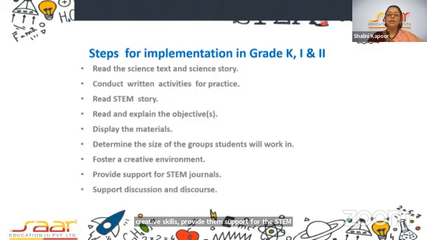At all times in your STEM classes, support discussion and discourse, teachers. Remember, as I said earlier, there is no right or wrong in a STEM process. It's all about the process that we are following, and children pick up the skills as and when they go ahead.